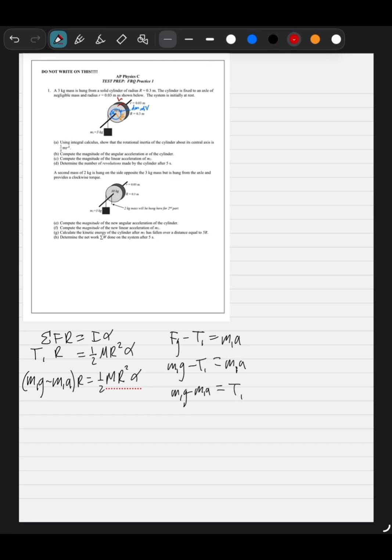Our r's will cancel out, so there'll just be one r. And then we'll isolate angular acceleration.